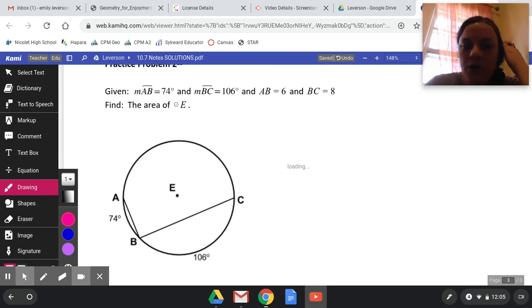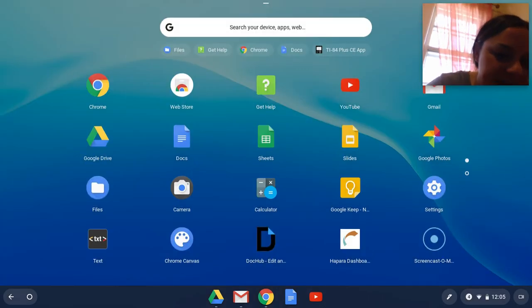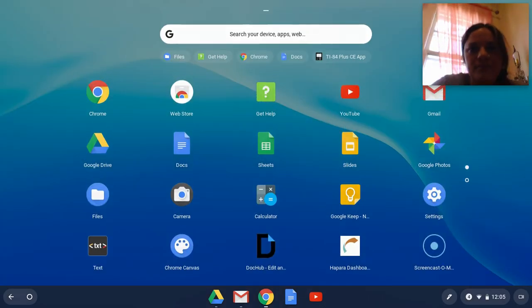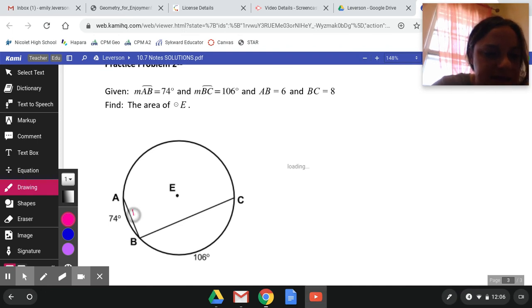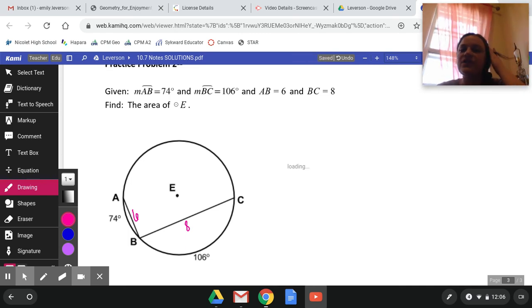Let's say I know that measure of arc AB is 74 degrees, and I know that measure of arc BC is 106 degrees. I know that AB is 6 units long, and I know that BC is 8 units long, and I want to find the area of circle E. Well, if I think about it, 74 plus 106 is 180, right?